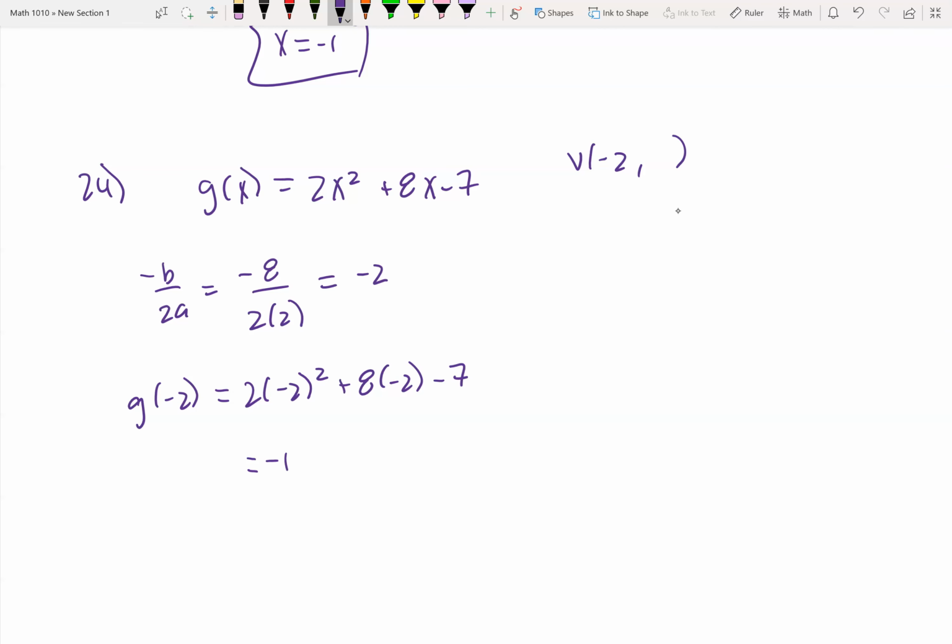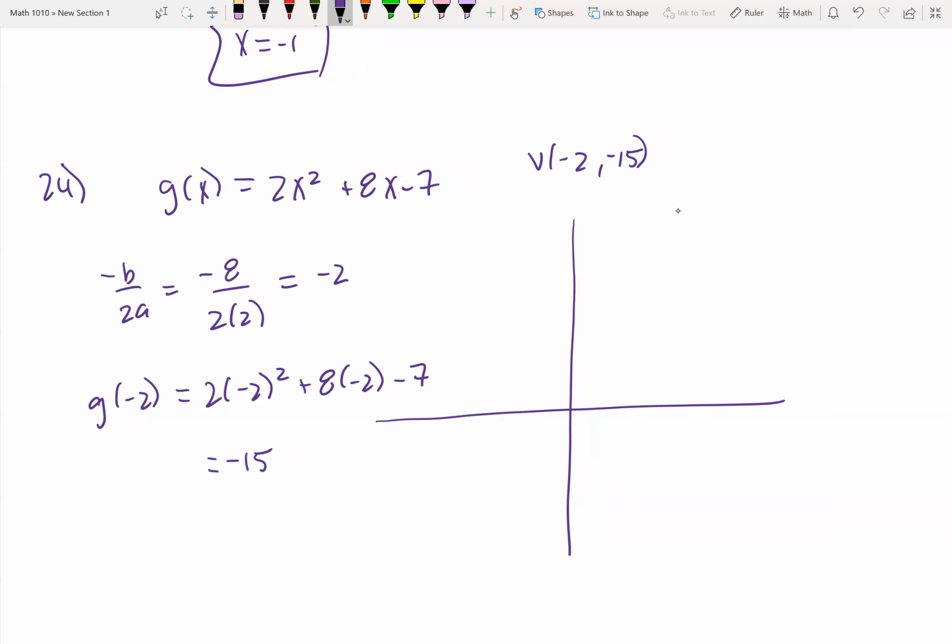-15. Is that right? I don't think that's right. Maybe it is. 8 minus 16 minus 7. Yep, -15. So it's just a big number. I also know this is a parabola that opens up, pardon me, with a stretch of 2. So this is going to be kind of terrible.